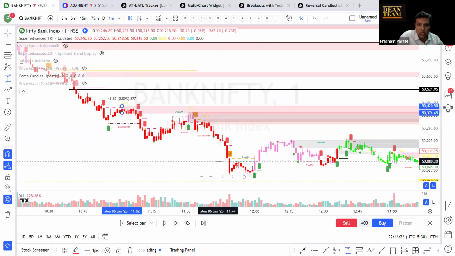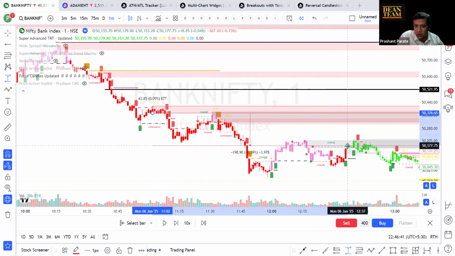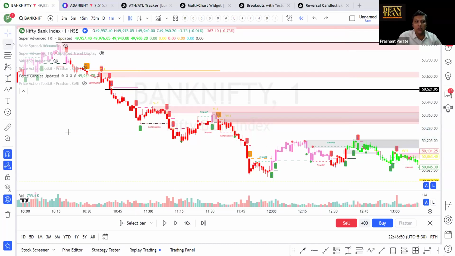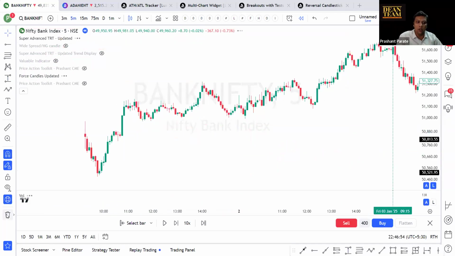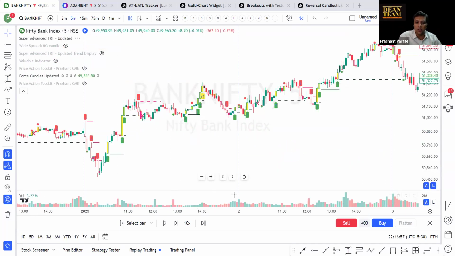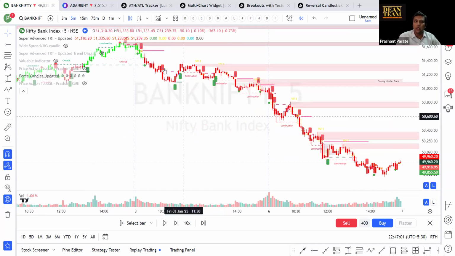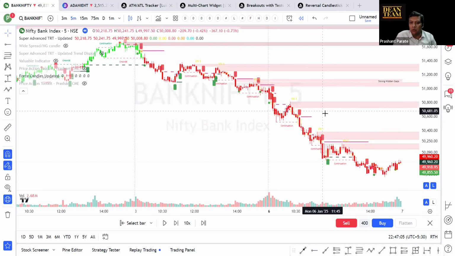Here the risk was just 43 points, and by the time we exit, the reward is around 180, 190 points. So almost 4 times, 5 times reward was possible even using the 1-minute chart. So there will be some occasions when even 5-minute and 3-minute are not giving any retracement entry on that day. When the day is strongly trending, the 1-minute chart has given opportunity to short. So this is one day where opportunity was not available on the 5-minute chart, 3-minute chart based on retracement.